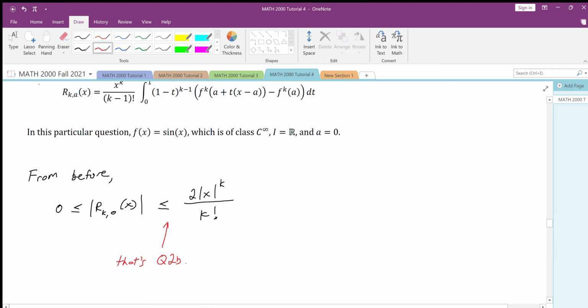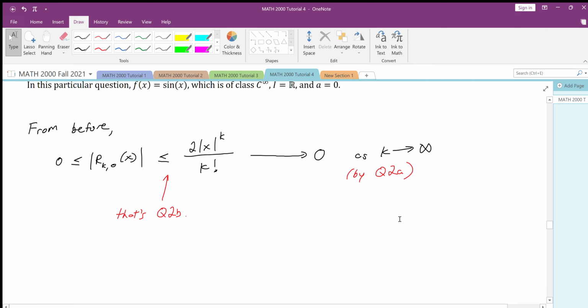And then we also know that this term approaches 0 as k approaches infinity. And how do we know that? That's by question 2a.